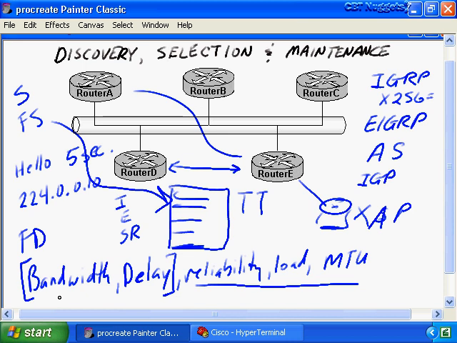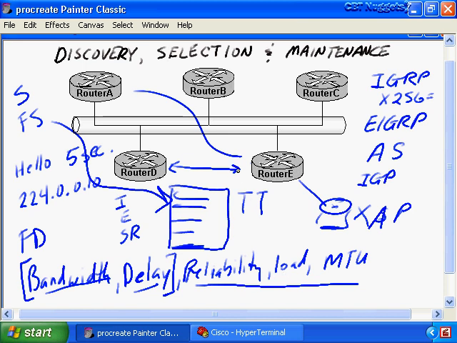And again, that's bandwidth and delay. Bandwidth is the value that's the smallest bandwidth between the source and the destination. The delay is the collective delay amount of the interfaces along the path. And then, of course, you've got three other metrics that we're not going to get into detail on, but those are reliability, load, and the maximum transmission unit.